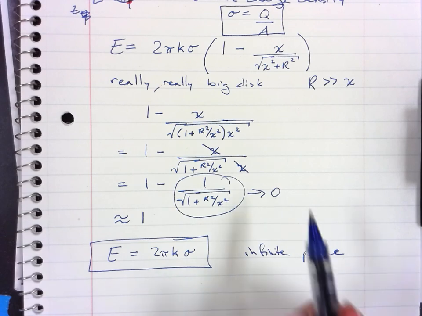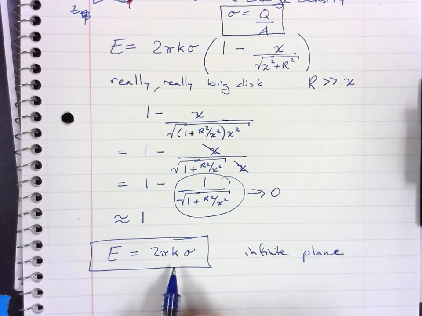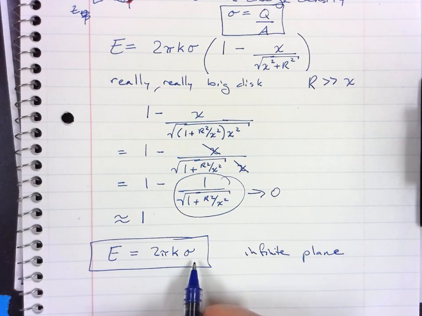Now, notice something about this expression. There's no x. 2's a constant, pi's a constant, Coulomb's constant, and surface charge density. That's just how much charge is there. So this is saying that no matter what distance you go from an infinite plane, you're always going to have the same amount of electric field.